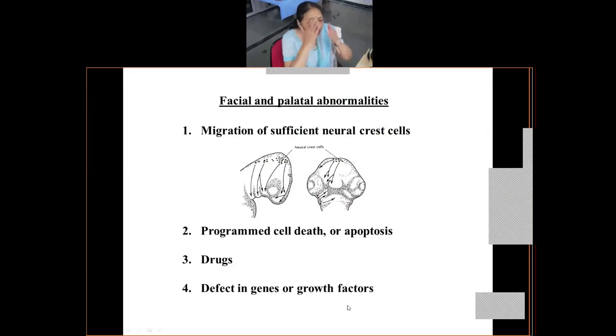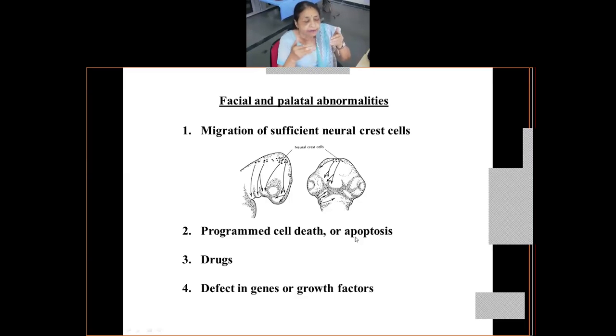Now the facial abnormalities. Facial abnormalities are due to three factors. I have written four factors. One is the proper migration of the neural crest cells. Also the apoptosis. When the palatal cells are joining, there will be apoptosis, or programmed cell death.